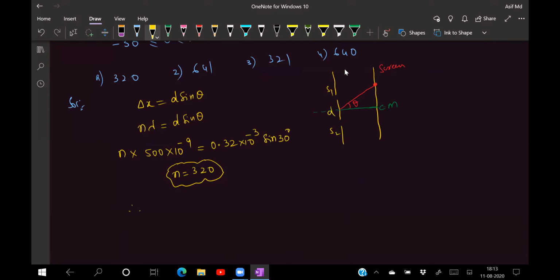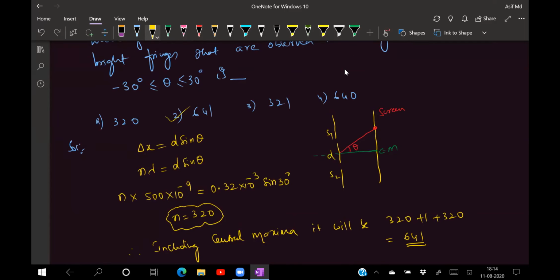Including the central maxima, it will be 320 above, plus 1 at the center, plus 320 below. That will become 641 fringes. So 641 will be the answer for us.